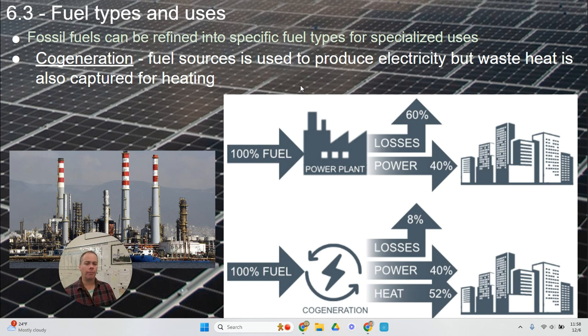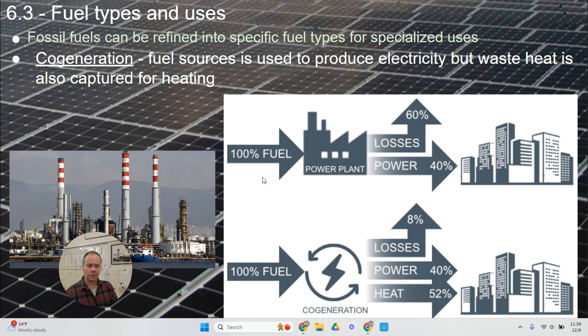So when a fuel is burned to produce electricity, it's transformed into heat energy, and that heat energy can be used to generate electricity. And if you can capture that excess heat generation using cogeneration, you can then use that to heat buildings in the nearby area.